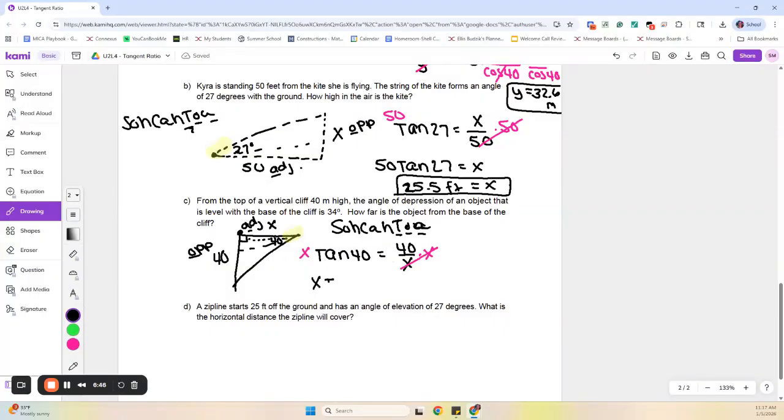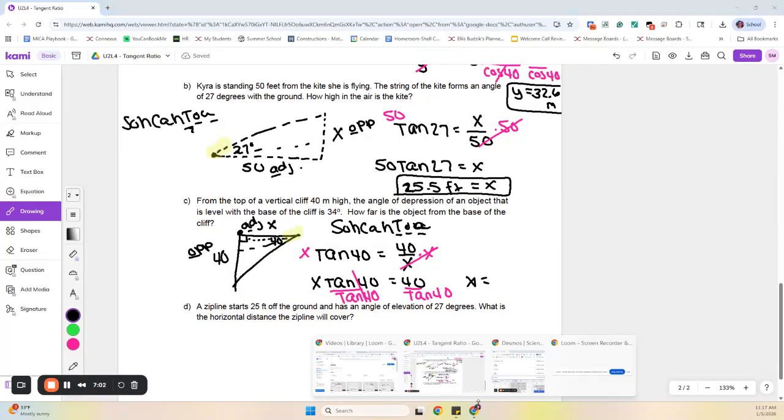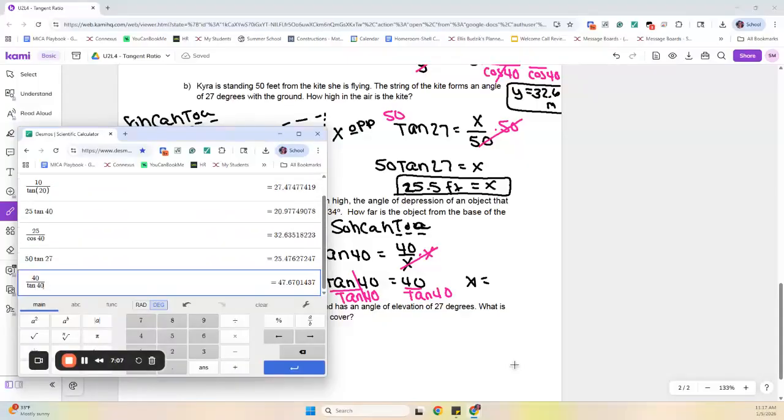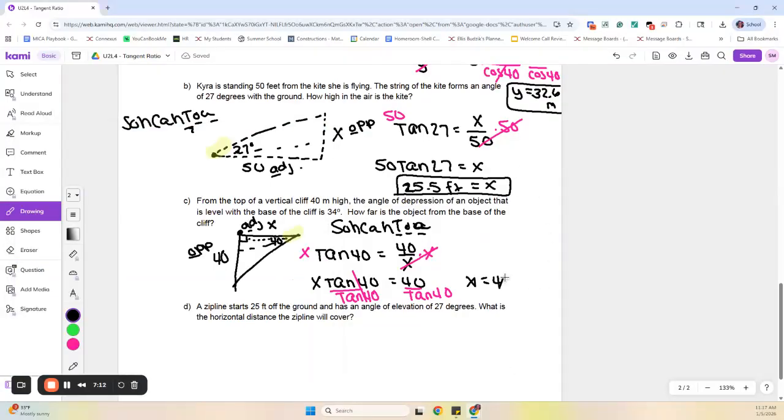So we get x tan of 34 equals 40. Divide by tan 34. Then we get x equals 40 divided by tan 34. 40 divided by tan 34 is 47.7 meters.